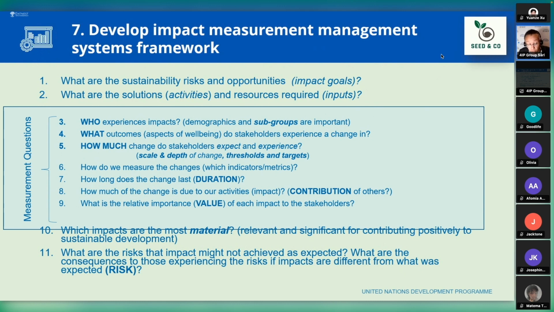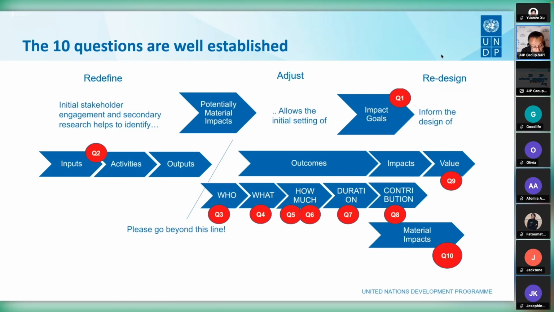What are the resources required to allow you to implement those activities? And then you have the so-called measurement questions: the who, the what, the how much, the duration, the contribution, and the value. As you can see, these questions appear on the so-called logical framework, where you have input, activities, output, outcomes, and impacts and value.